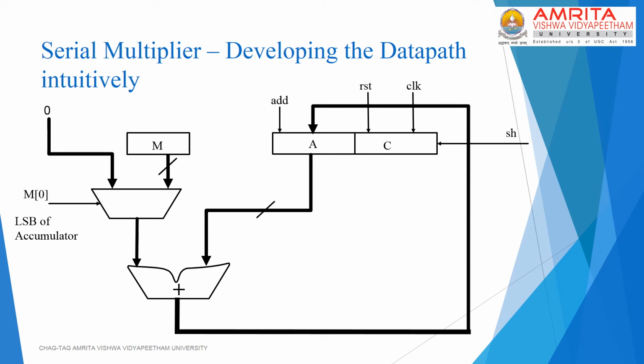So the design effort is primarily towards identifying the data path elements and their interconnections. So beyond this level, we need not go down to the gate level as in the traditional design flow. Once we have identified the data path elements and their interconnections, the data path design can be deemed to be complete. The rest of the flow will be in HDLs.